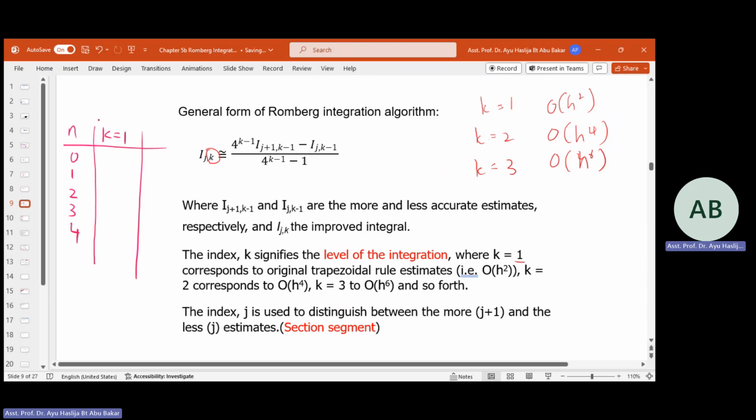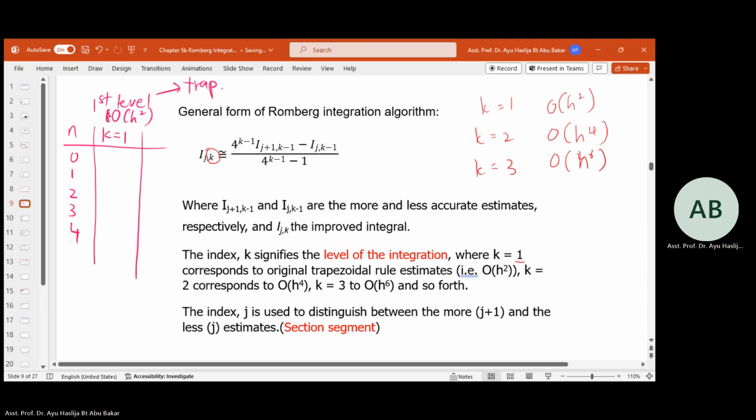K equals 1, first level, where O equals H2. This is the integration where you use the trapezoid equation, whether it is single or multiple. In Romberg, we use trapezoid only. We don't focus on the Simpson.